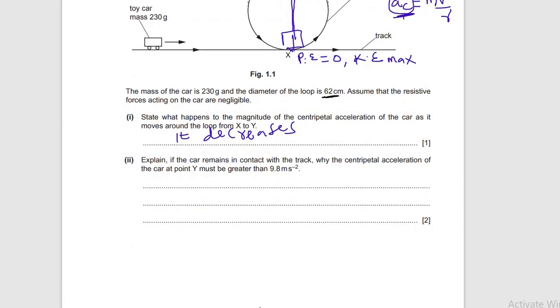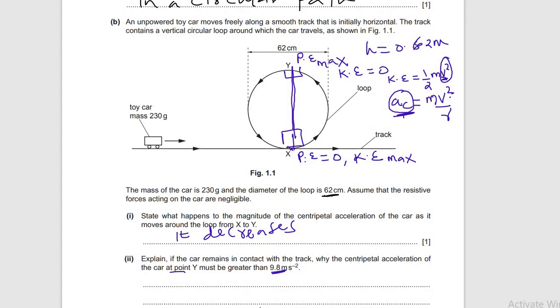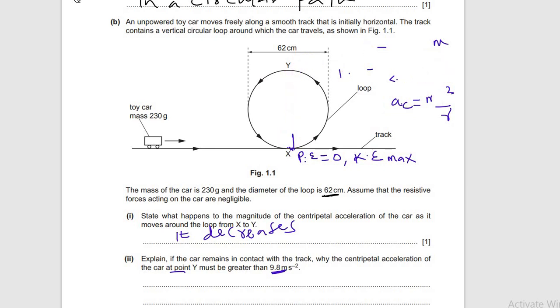Explain, if the car remains in contact with the track, why the centripetal acceleration of the car at point y must be greater than 9.8. Now let's go back to the diagram.